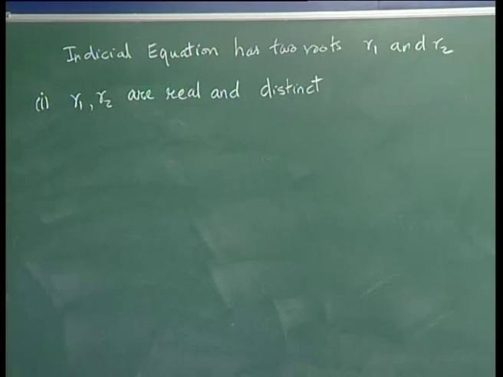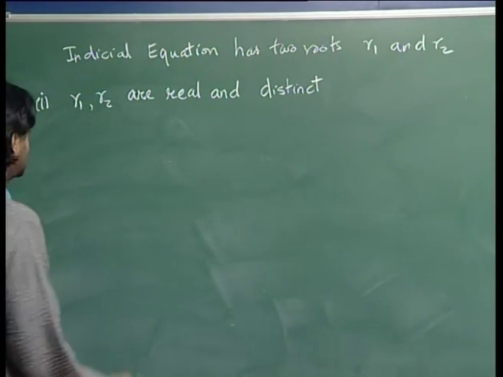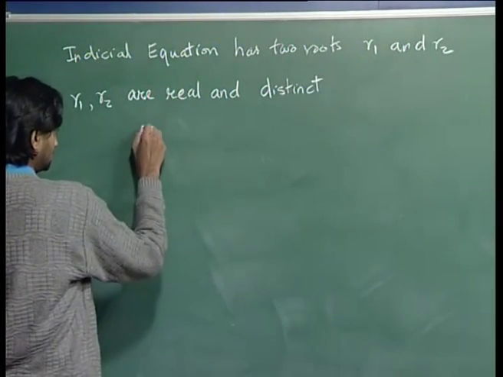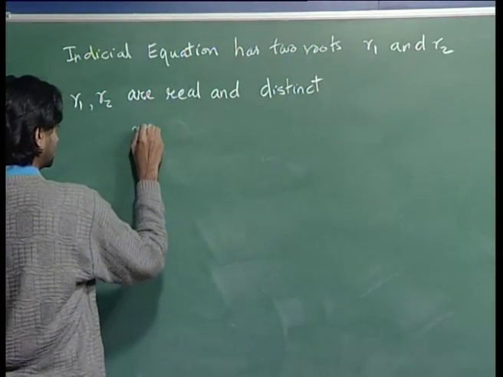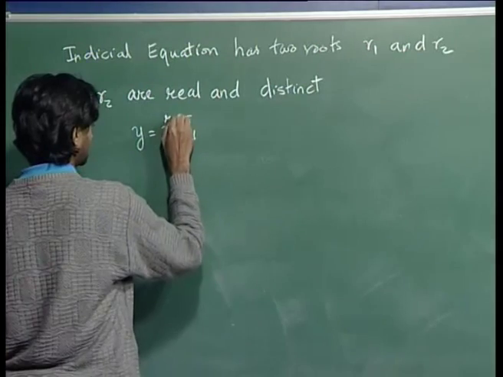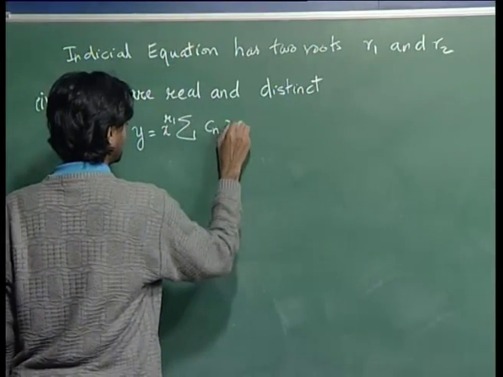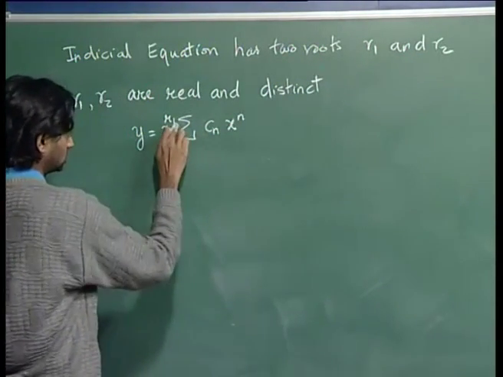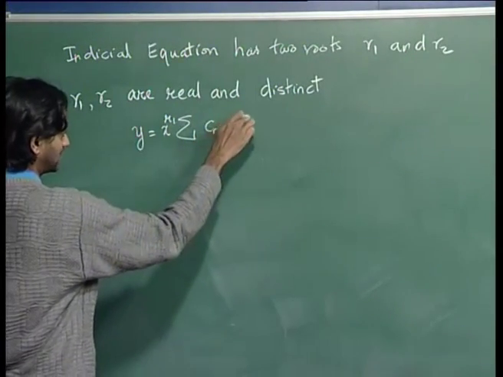Okay. So, if these two are real and distinct, then you can have two possibilities. y is equal to sum over x to the r 1 C n x raised to n. So, I wrote C n x raised to n plus r 1.